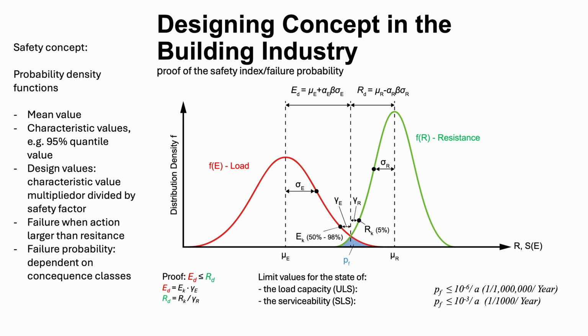So in terms, what you're saying is that, first of all, I'm going to be looking at the characteristic value of the load, which is when I see this red curve, which represents the density function of the loads. The characteristic value, can you repeat what is it? Yes, the characteristic value is a quantile value between 50% and 98% for the load case or the effect of loads.